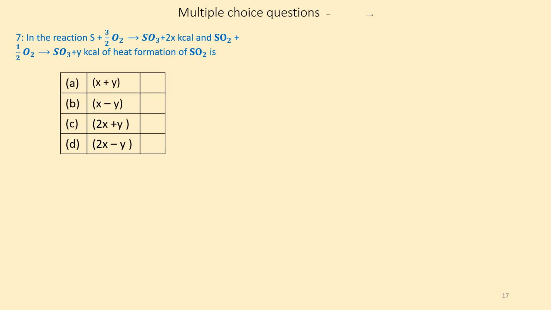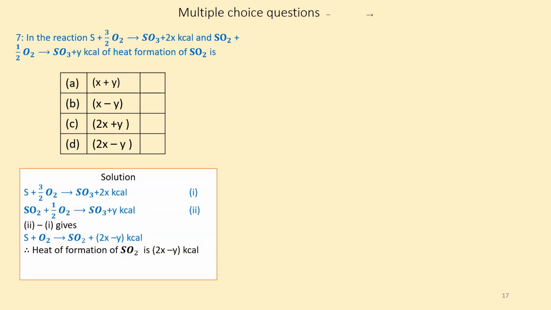In the reactions, S plus 3/2 O2 combine to form SO3 plus 2x kilocalories, and SO2 plus half O2 combine to form SO3 plus y kilocalories. What is the heat of formation of SO2? You have to identify it by solving these two equations, so I will proceed with the explanation. S plus 3/2 O2 combine to form SO3 plus 2x kilocalories.